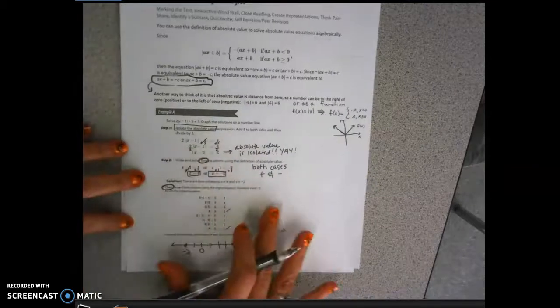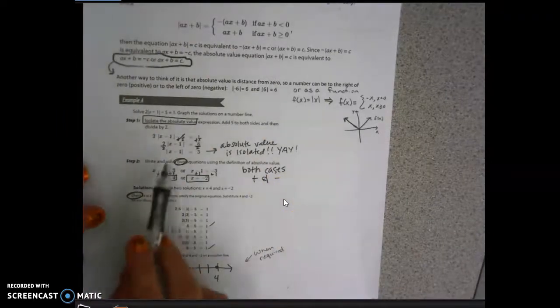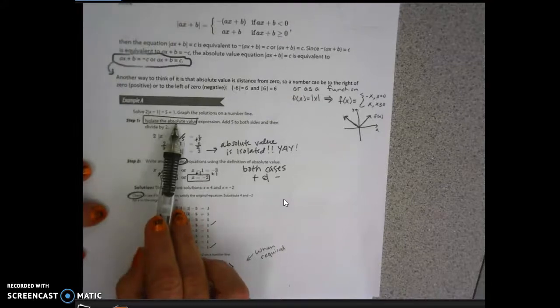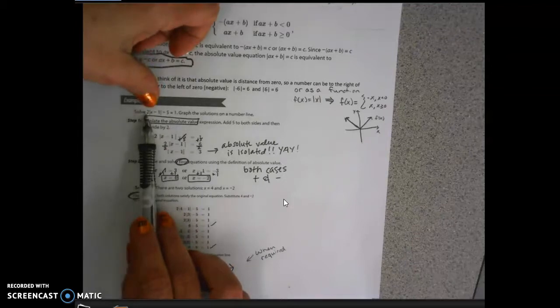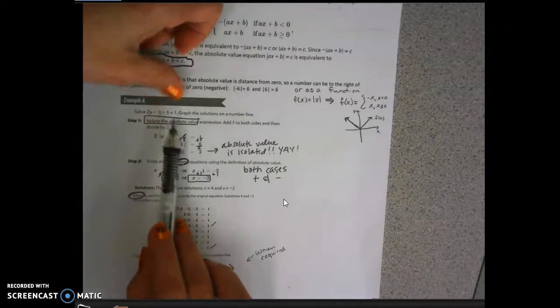There is an example written out for you on your notes where it shows that you have to isolate the absolute value part of the expression or the equation first. This equation has a 2 multiplier in front, an a value. It has a -5, but we need to isolate the absolute value.